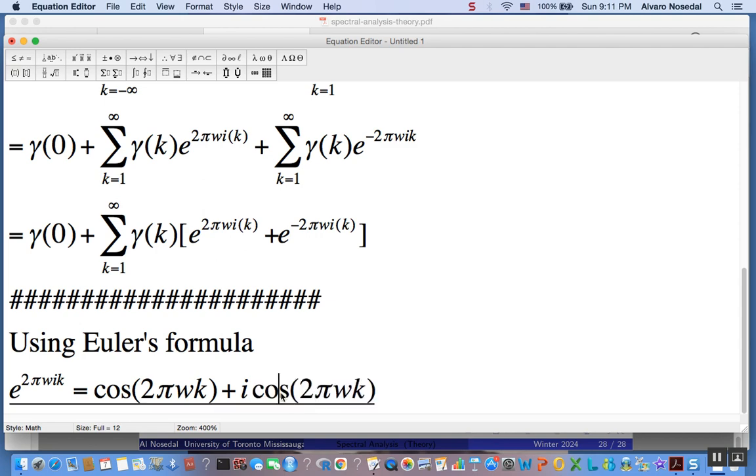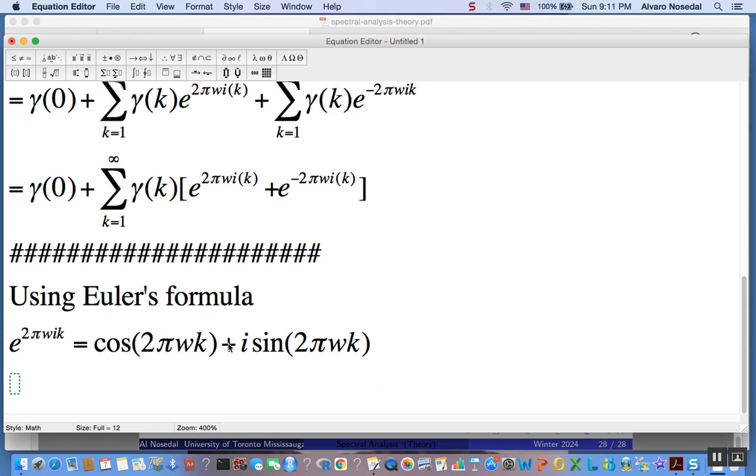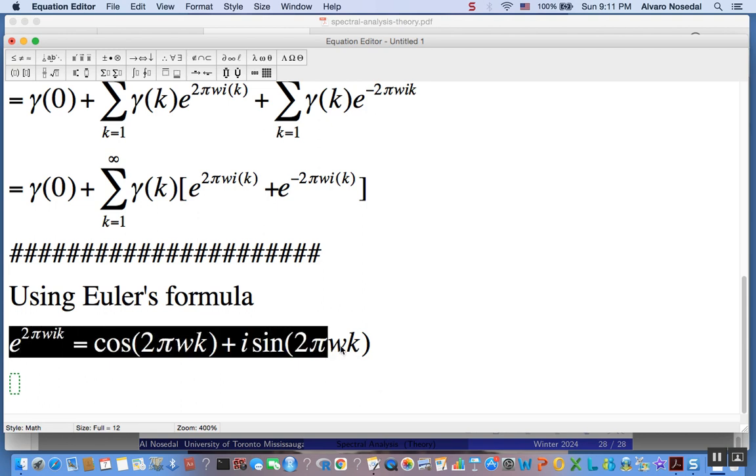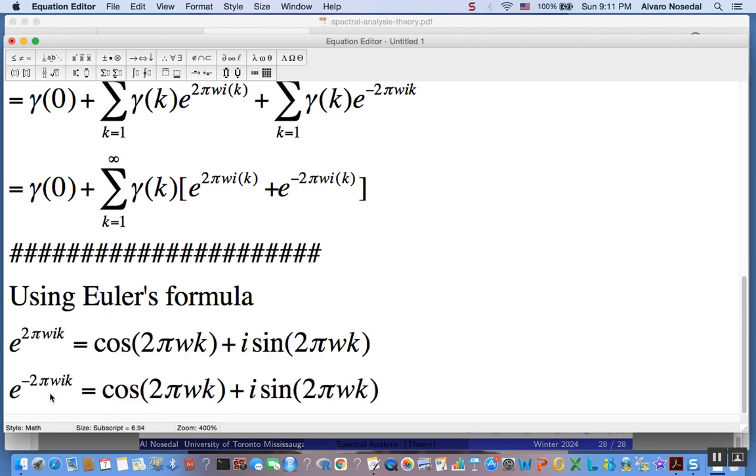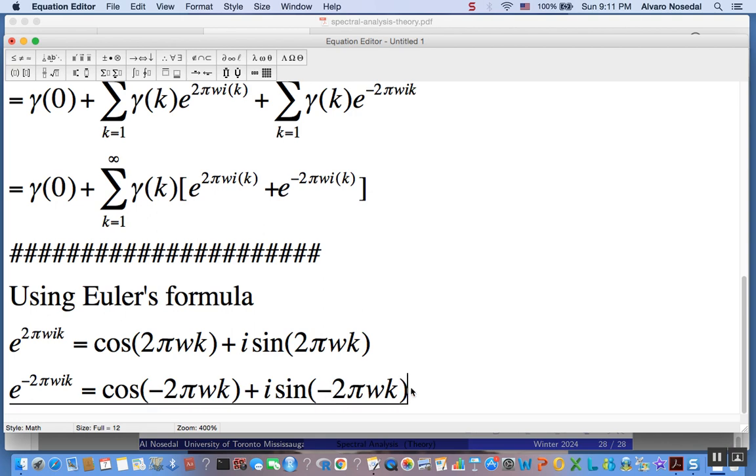Okay, now here we want sine instead of cosine. Now let's do the same with the negative version of the angle. So if we have e to the negative 2 pi w I k, we're going to have negative 2 pi wk, and negative 2 pi wk.